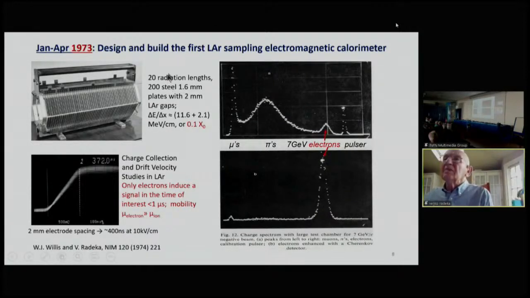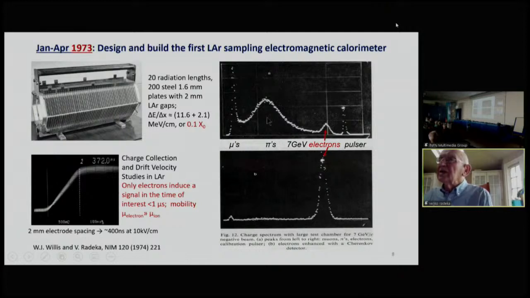So moving on, in 1973 came the development of the first liquid argon sampling calorimeter, and more is known about that, so I won't go into great detail. But at that time, it demonstrated that one can achieve very good resolution for electrons at a test beam of 7 GeV.